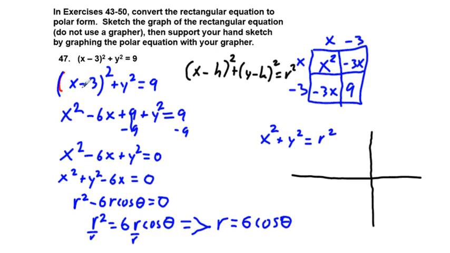And so according to this format, we're going to have 9 is equal to r squared, meaning our radius, r equals 3. That's our radius. And then we have x minus h. So that's going to move the center of the circle 3 units to the right. So there we have our center of the circle right here at x equals 3. And this y minus k doesn't move anything. So what we have is a circle with a radius of 3.